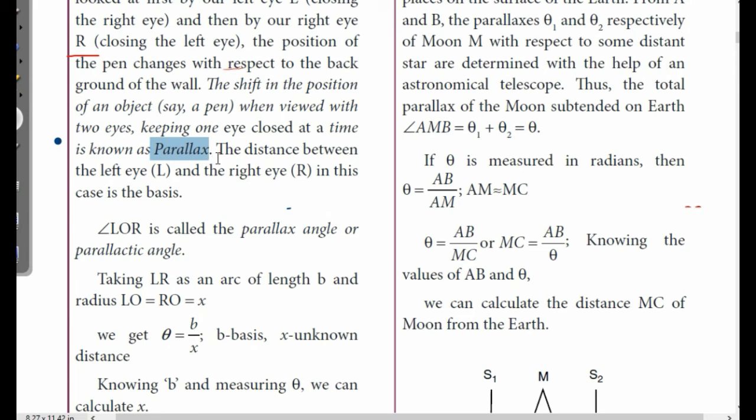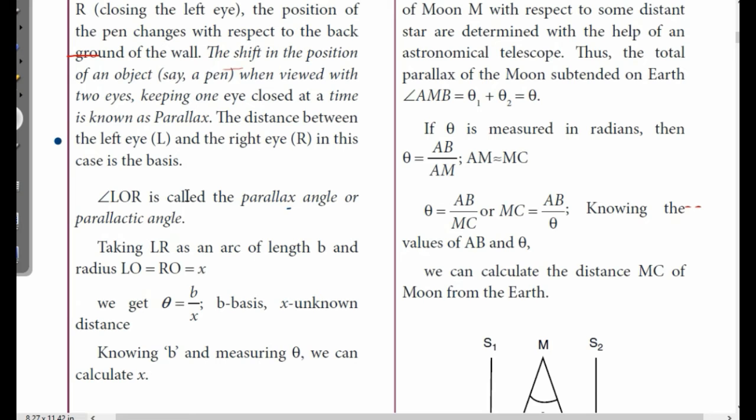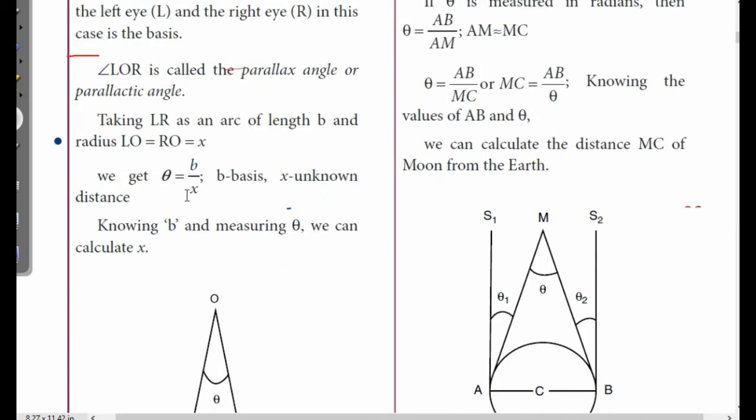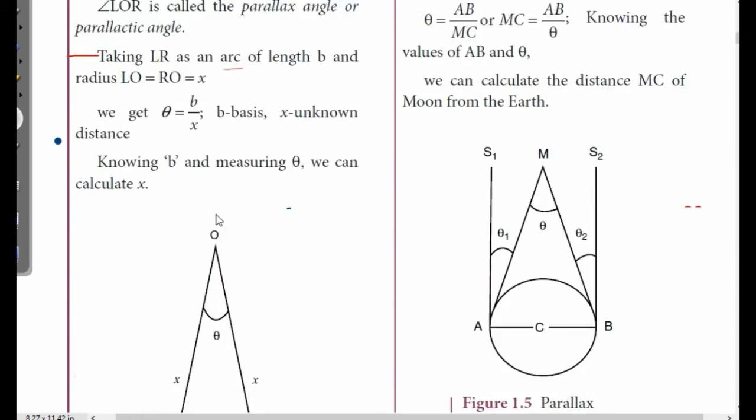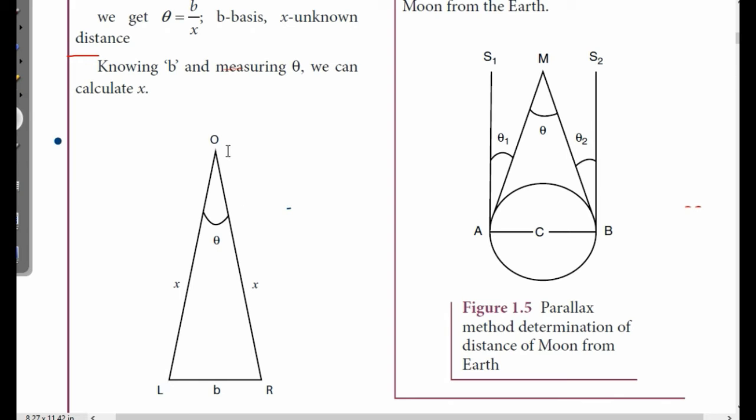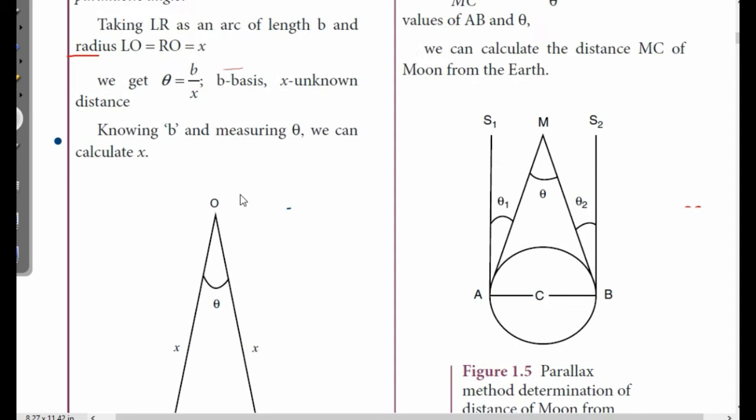This same concept is used as a basis for measuring the distance between the earth and the moon, or between the earth and the planets, etc. Now we will see how it is used. Observe this: here it is L, here it is O, here it is R. Suppose O is the moon.